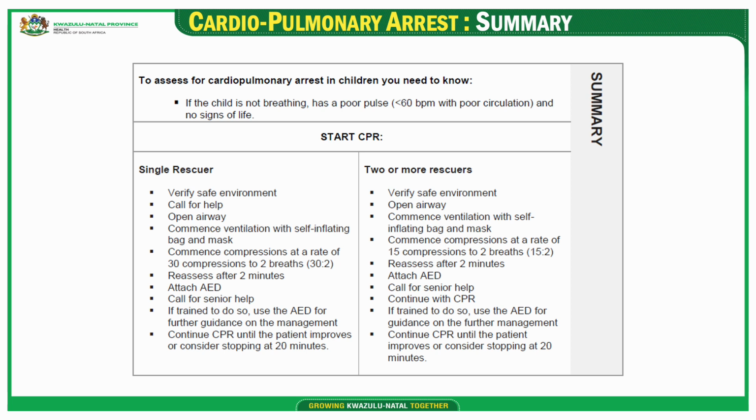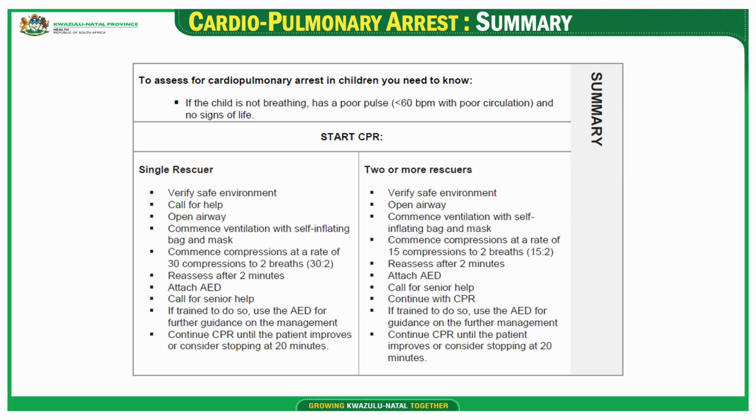Just as a summary, when we assess our patient with cardiopulmonary arrest, you need to identify the patient that needs CPR as a child that is not breathing and has a poor pulse, poor circulation, which means a heart rate of less than 60, and a patient that has no signs of life.